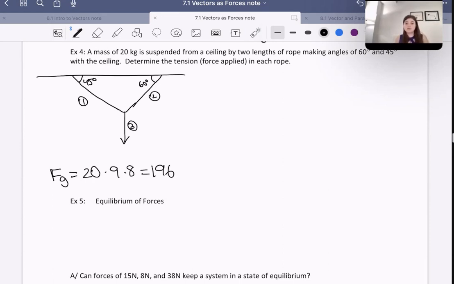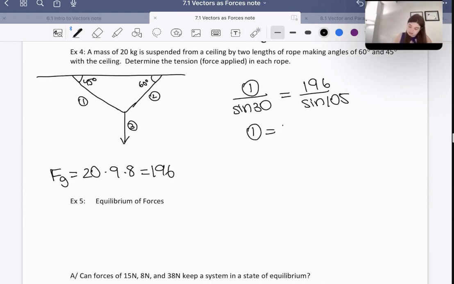So therefore, we can say that force 1 over sine 30 is going to be equal to 196 over sine 105. And we can figure out that the first force is equal to 101.46 newtons.